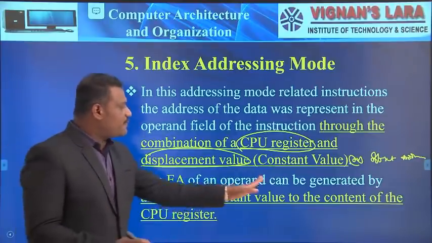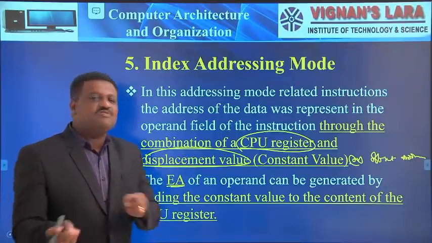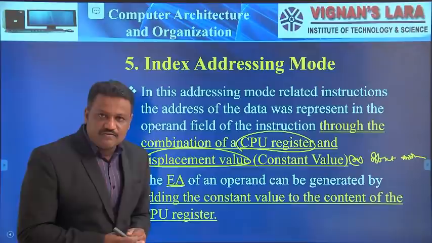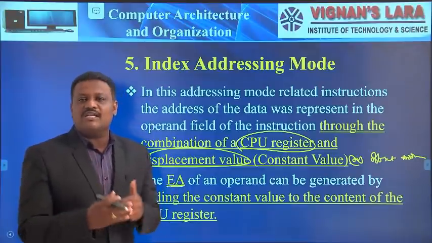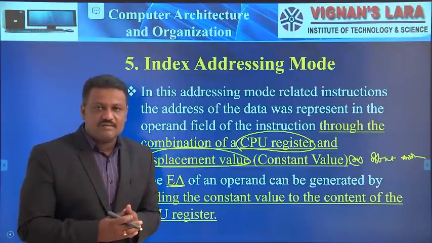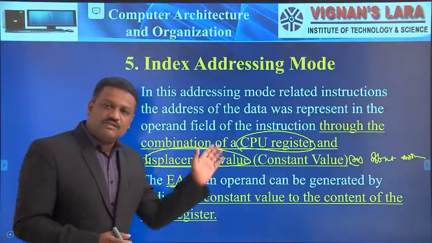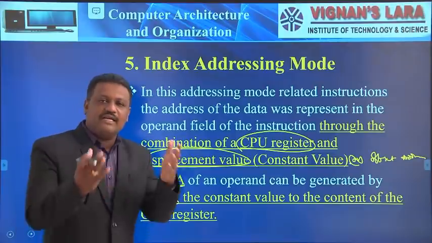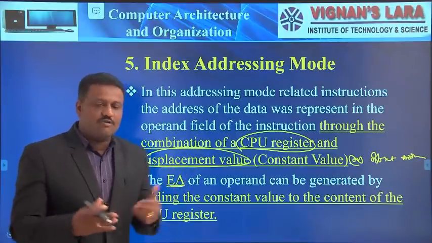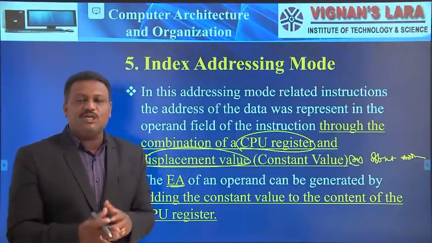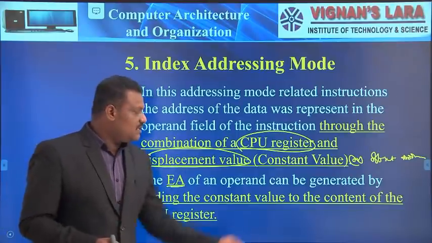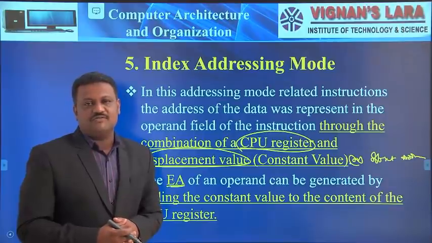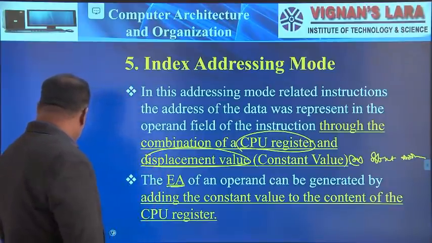The effective address of an operand I can calculate by simply adding the register content with the displacement value, or the register content with the constant value, or the register content with the offset address. You have to remember these different relations.